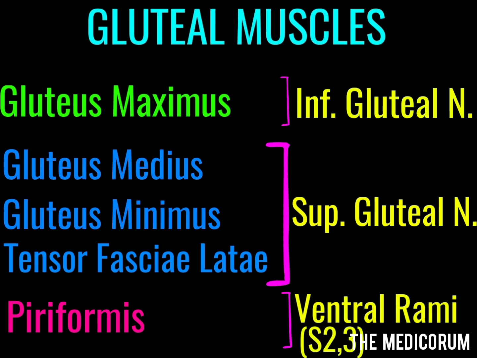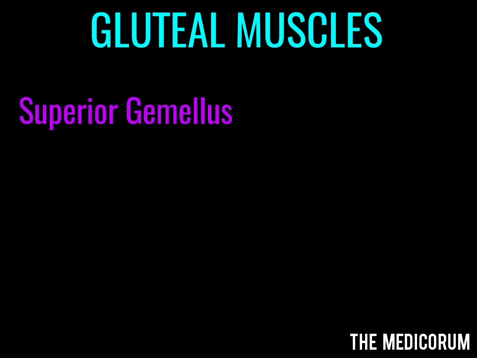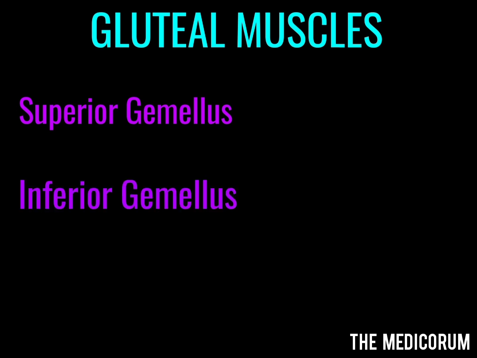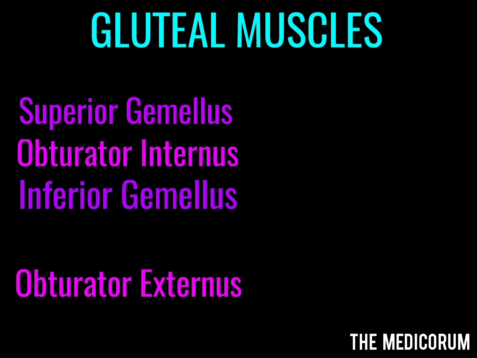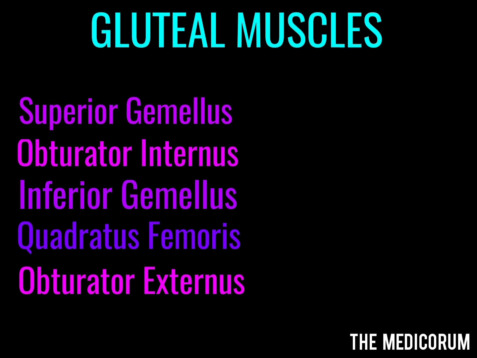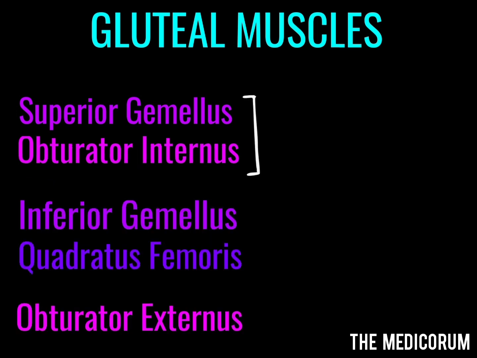The other muscles of the gluteal region are superior gemellus, inferior gemellus, obturator internus, obturator externus, and quadratus femoris. You may see that I have written the muscles in a somewhat jumbled way because superior gemellus is paired with obturator internus because of their nerve supply, as both of them are supplied by the nerve to obturator internus.